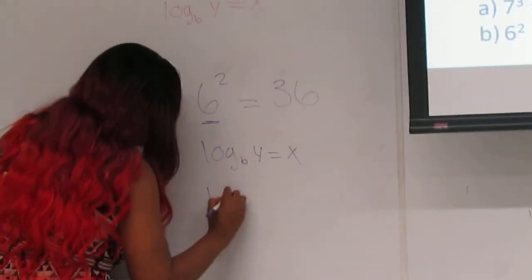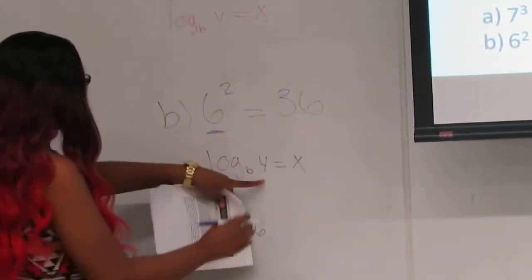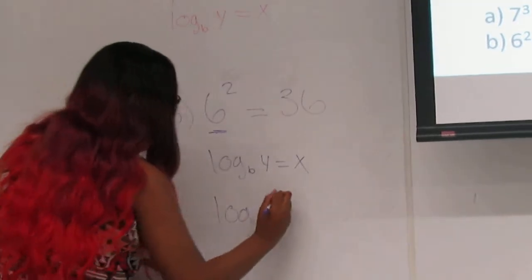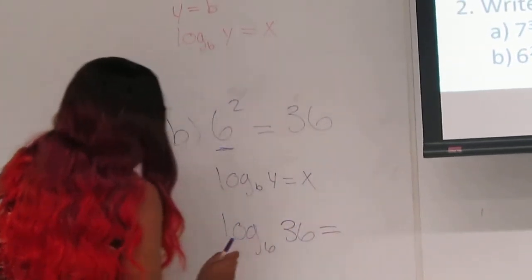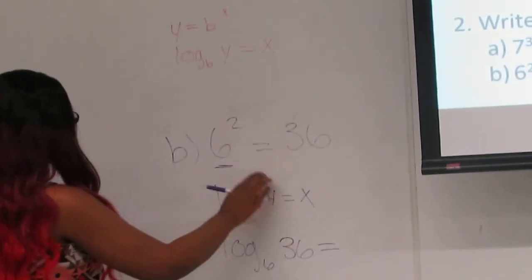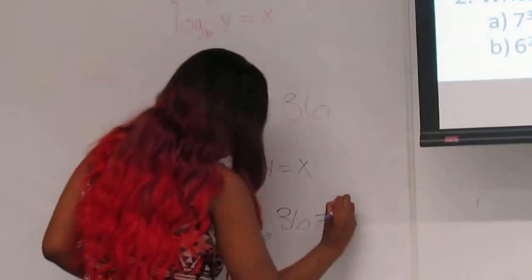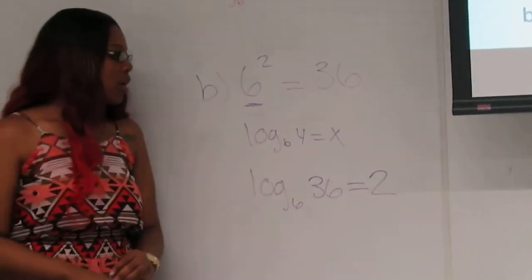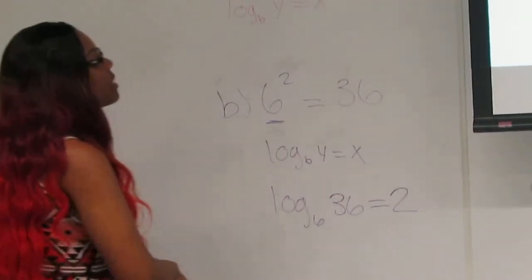So it would be log base 6 of, match it up, 36 is equal to x, and the x will be 2. So log base 6 of 36 equals 2. And that's it.